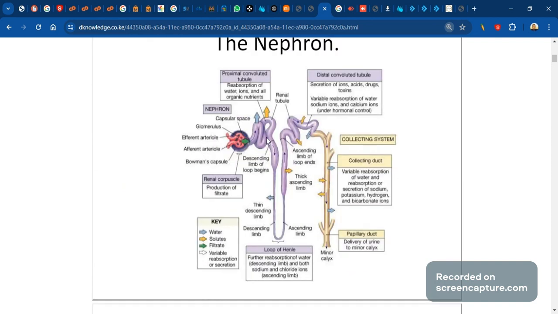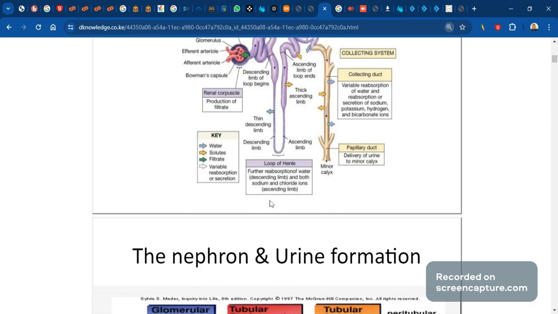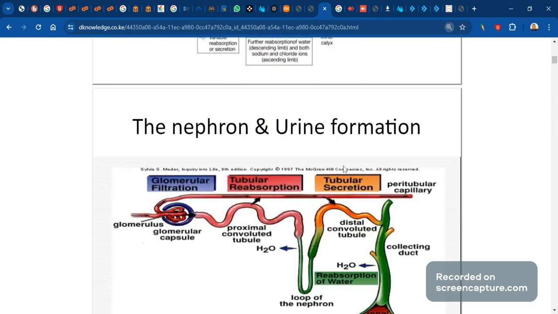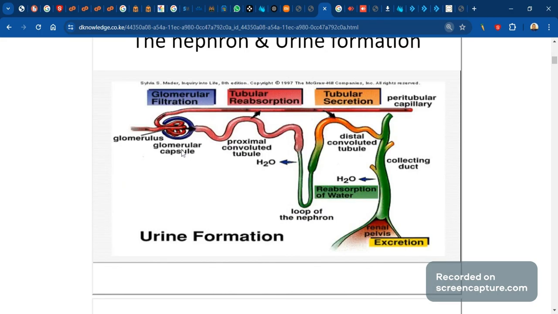So this is the nephron itself, and I've already discussed that. So the nephron and urine formation: from the glomerulus, it gets into the glomerular capsule. Of course, the blood from the heart comes in with the renal artery into the glomerular capsule. And then, due to the pressure gradient, which differs between inside and outside, there will be filtration. We call it ultrafiltration, and it is very selective, so you can also call it selective ultrafiltration.